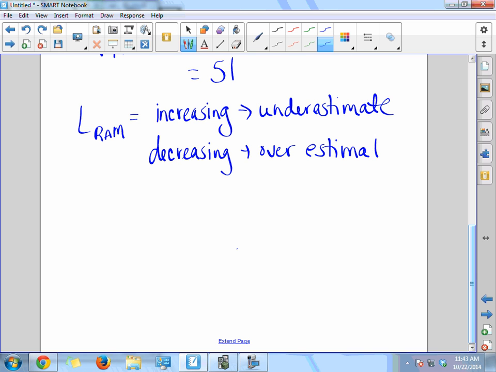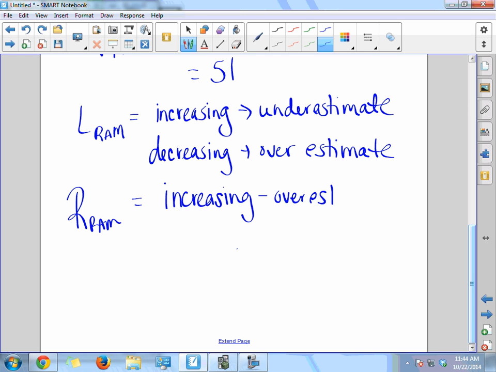And then it's backwards for your RRAM. If it's increasing, it's going to be an overestimate. And if it's decreasing, it's going to be an underestimate.